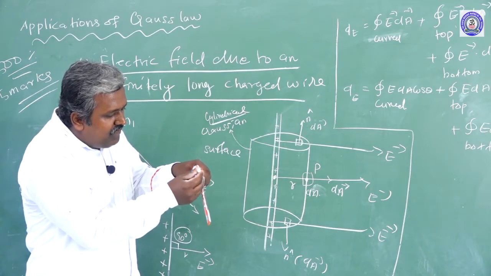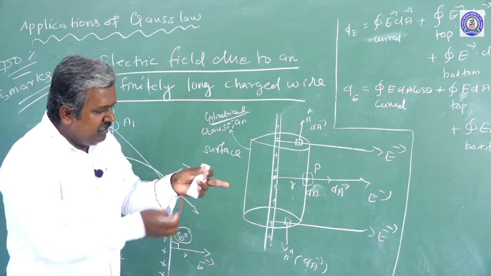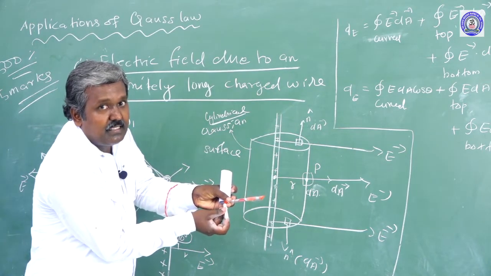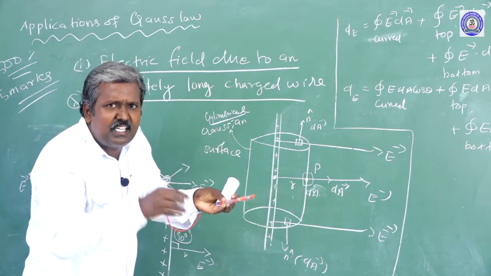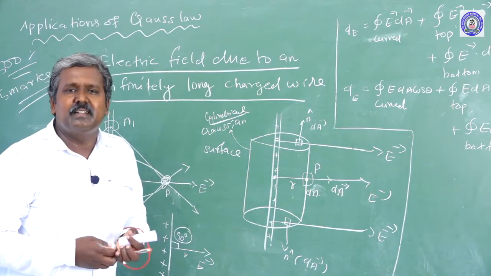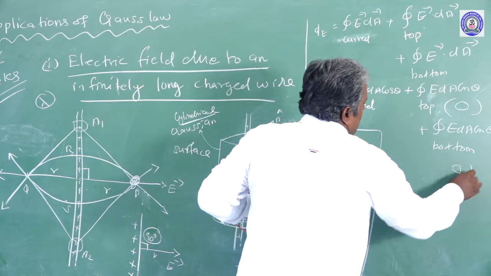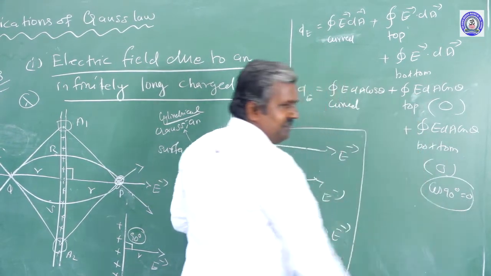So at the top surface, the angle between the dA vector and E vector is 90 degrees. At the bottom surface also 90 degrees, very good. Cos 90 is equal to 0. So at the top surface and bottom surface, the flux is equal to 0, because cos 90 degrees is equal to 0.